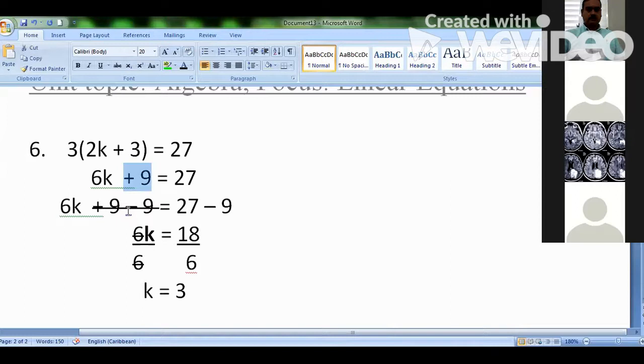Plus 9. To get rid of plus 9, we have to subtract 9. If I subtract 9 on the left, I have to subtract 9 on the right. So 9 from 9 will give us 0. What's left back is 6k, which is right here. And 9 from 27 will give us 18. Divide everything by 6, we're going to get 3. k equals 3.